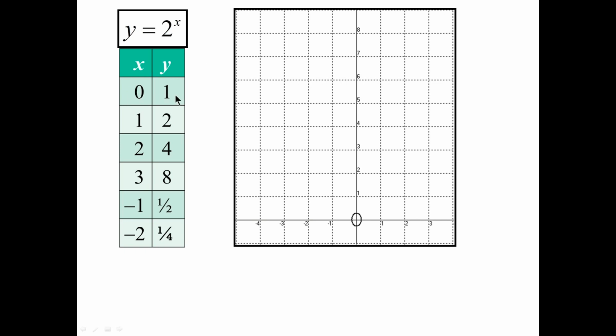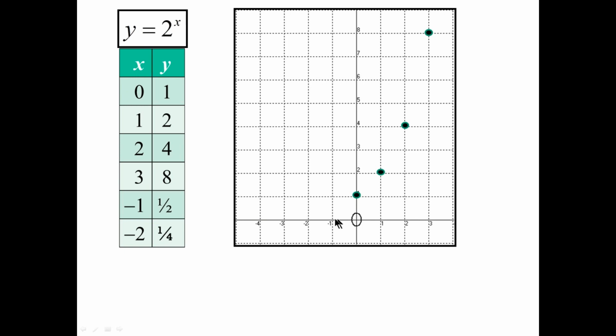Let's put these on a grid. 0, 1 goes to 0, 1, right there. 1, 2 goes to 1, 2, right there. 2, 4 goes to 2, 4, right there. 3, 8 goes to 3, 8, up there.